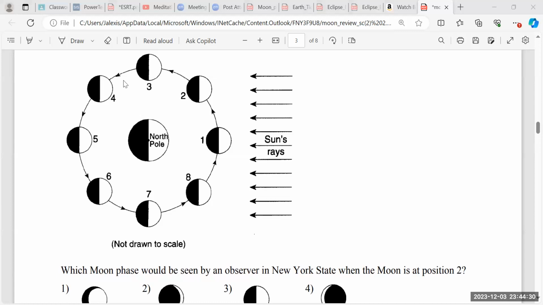Position 2 is right over here. Once again, there are 2 ways that you can approach this. Let me approach this a little bit differently this time. What I'm going to do is just complete the orbit.